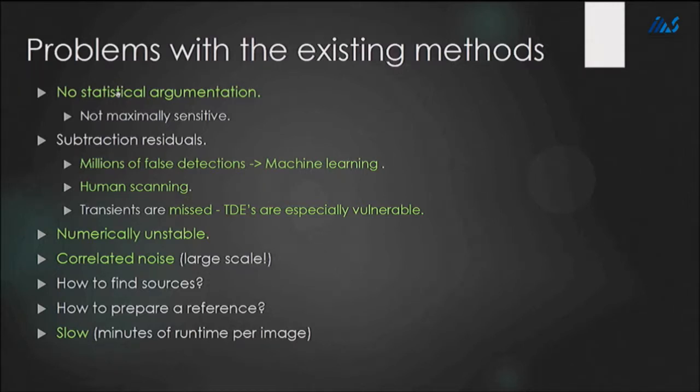What is human scanning? It's student scanning. Okay? And lots of students are human, okay? And transients are effectively missed. And especially TDEs, because TDEs lie on centers of galaxies. And on the center of the galaxy, you might have a bright spot which is as point source as a star.